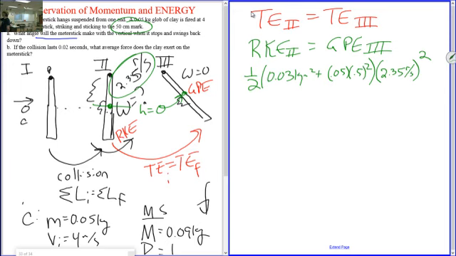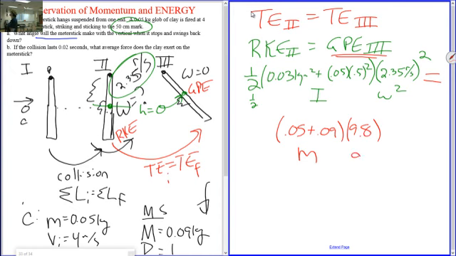So this is 1/2 I omega squared. That's got to equal the GPE in drawing 3, which is just the total mass. The mass of the clay is 0.05, the meter stick is 0.09, so that's my mass times g times some unknown height. Solve for the height and you get 0.0857 meters, except my decimal's in the wrong spot.